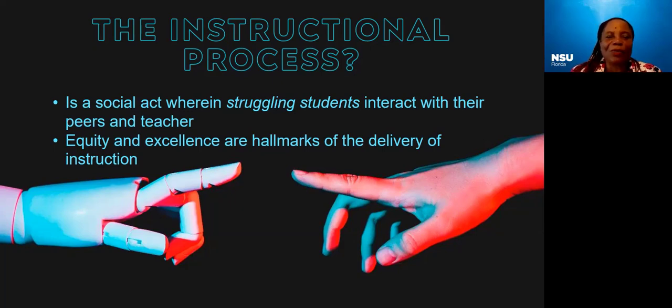And then we looked at equity and excellence as being the hallmark of our discussion. Then it should also be part of our delivery. And in whatever we do, we should focus on meeting the needs of every student. When we say no student left behind, it shouldn't be only at the lunch line, but we want this whole thing, okay? So we're pushing for it.